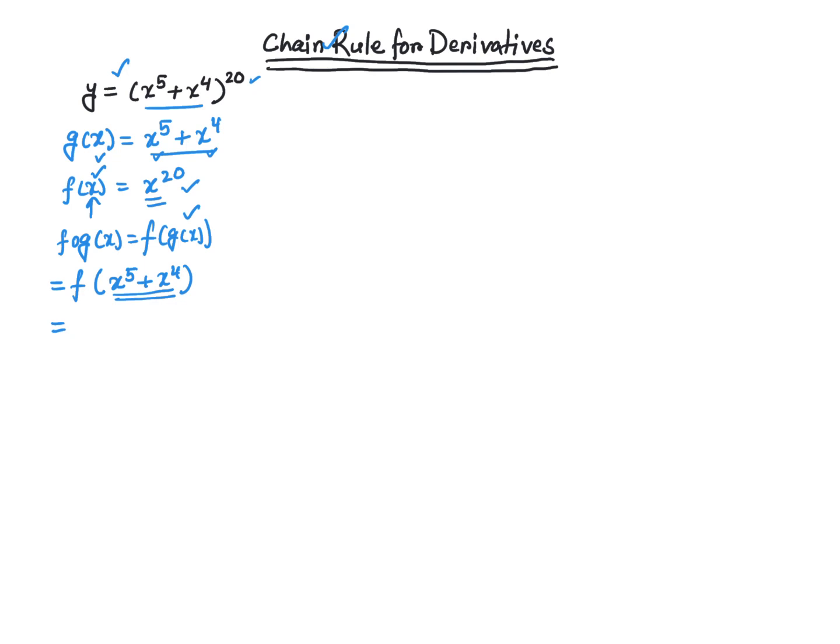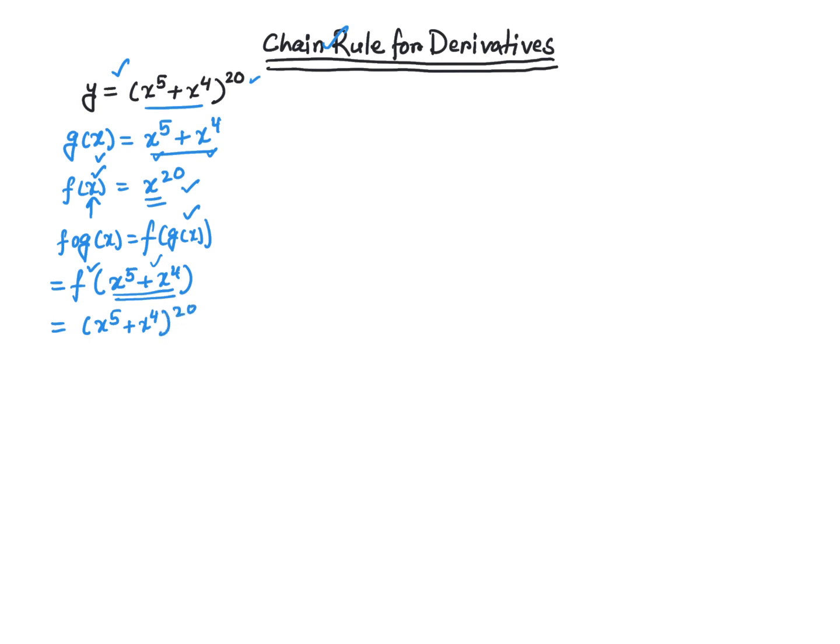It can take in only one input value, not two. So this whole thing, x to the power 5 plus x to the power 4, added together, will create one input to this function f. Now what f does to its input is raise the input to the power of 20. So that's going to give me x to the power 5 plus x to the power 4, raised to the power 20.